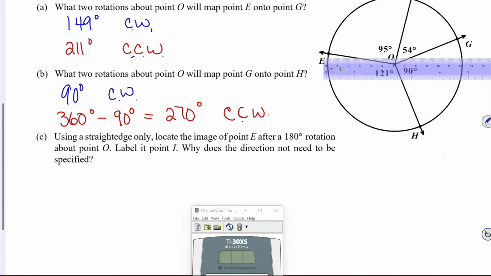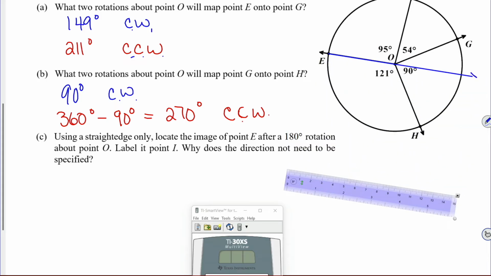To figure out where E would land after a 180-degree rotation, we just have to draw a 180-degree angle whose vertex is at the center of the circle. So that is point I.